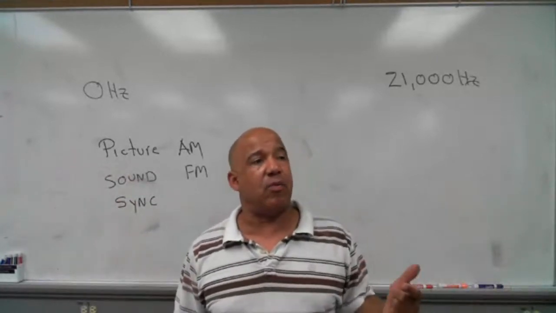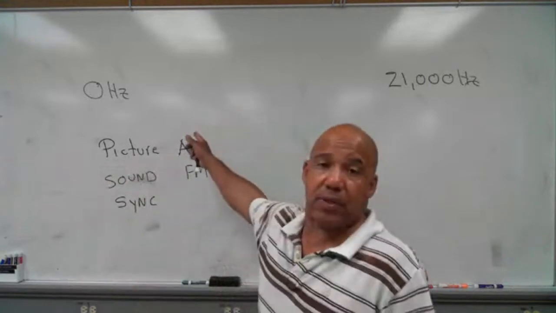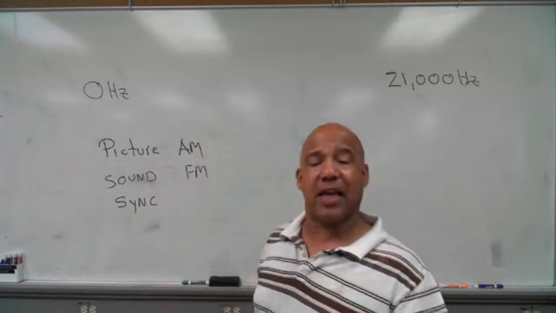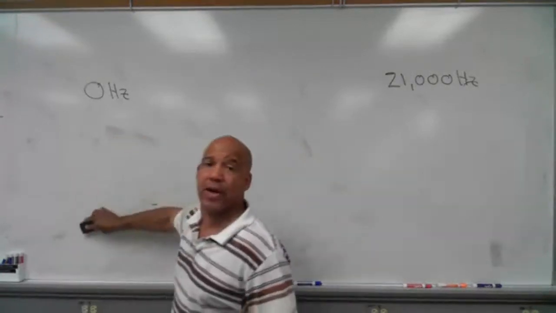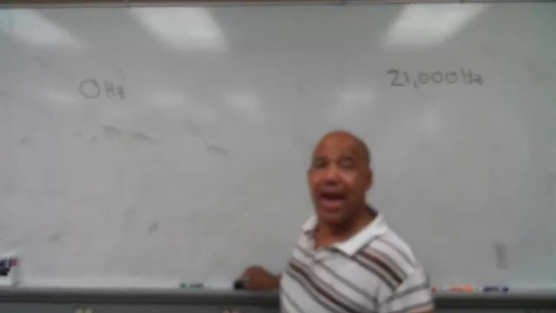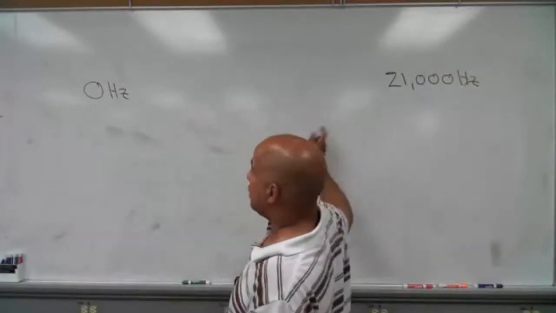Having said that, what does that do for graphs? What if you want to make a graph of this one, of the audio frequency? Let's say we make a graph of that. Think about what your graph would look like. You've got two choices. You've got to graph a number from 0 to 21,000.